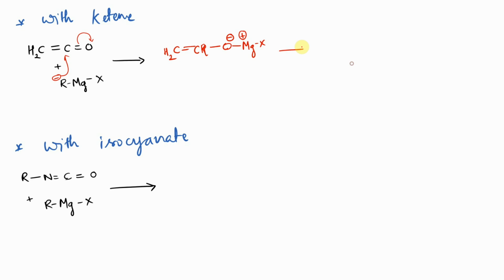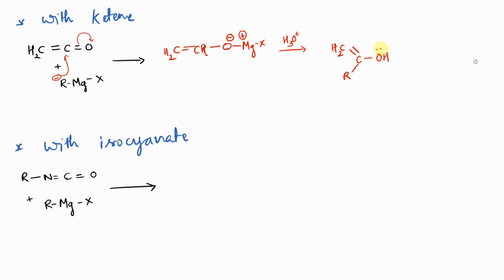When you treat it with a molecule of water, that is protonated water, H3O plus, we get H2C, C, R, with a double bond over here, and an OH.